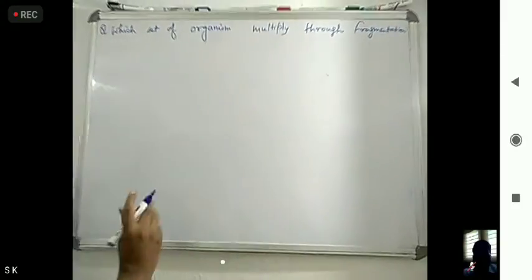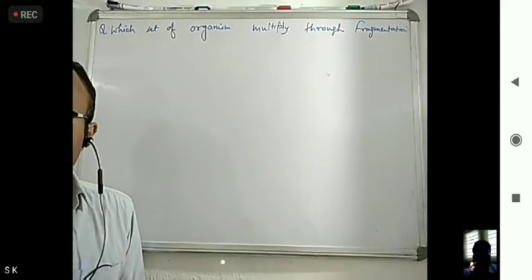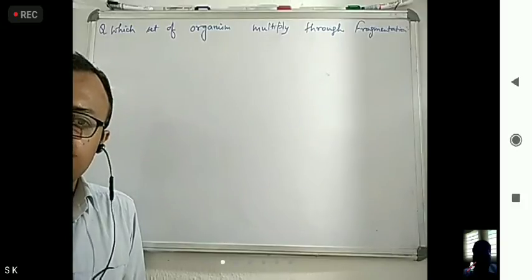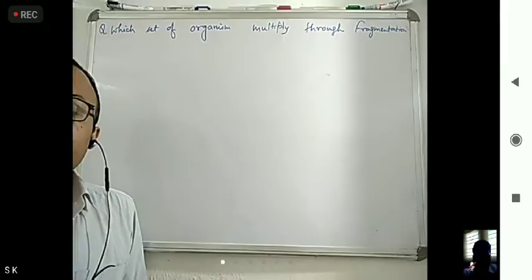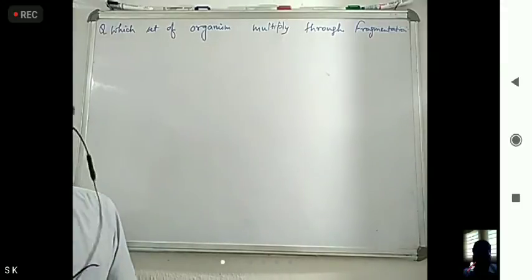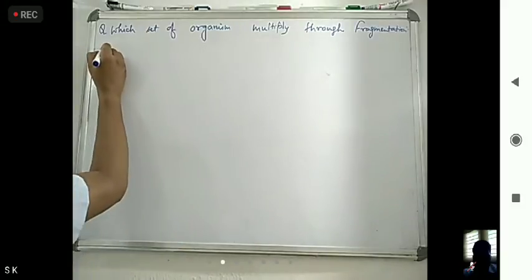One process is binary fission, amoeba is there, hydra budding is there. Like that, it is asking which set of organisms multiply by the method of fragmentation. Okay, now here options are there.